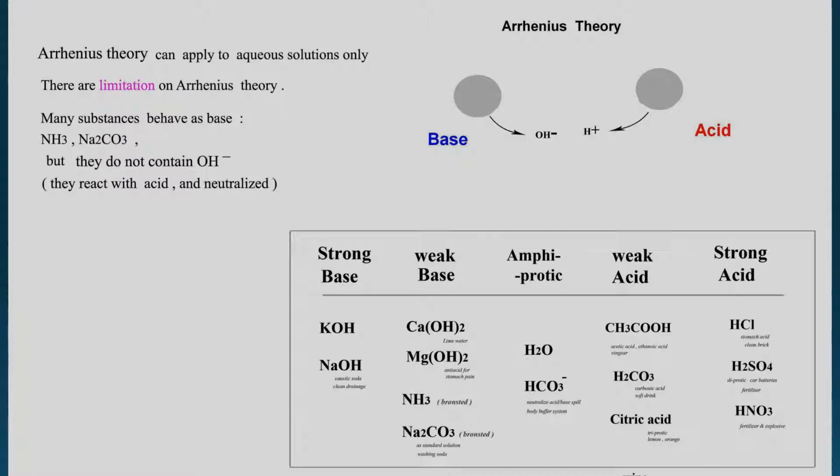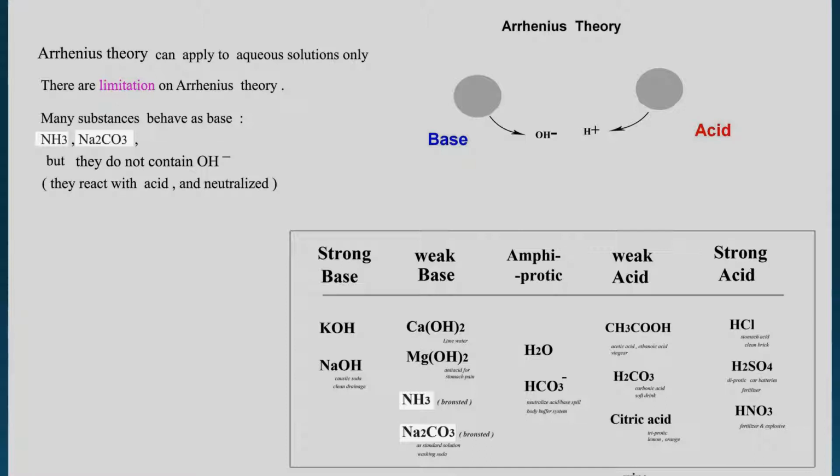He finds certain substances, such as ammonia NH3 and sodium carbonate Na2CO3, are bases. But how come you don't find an OH in these two bases?